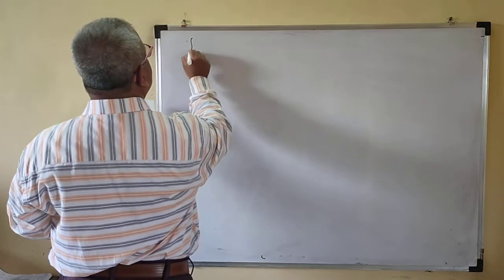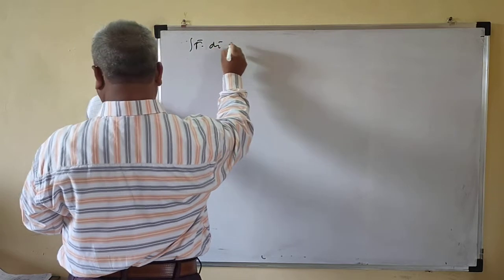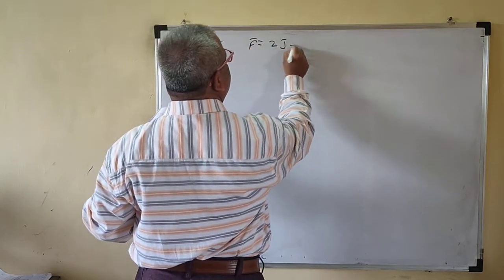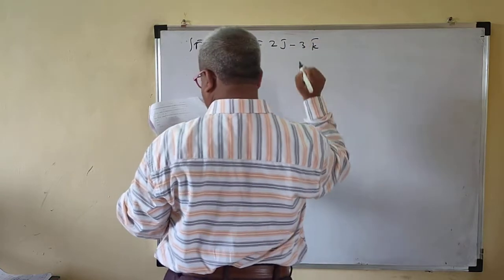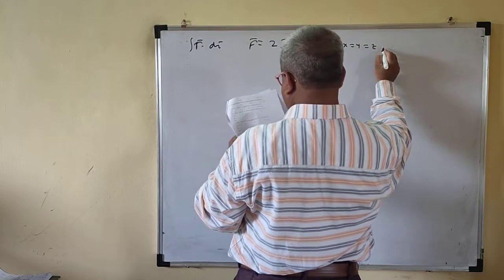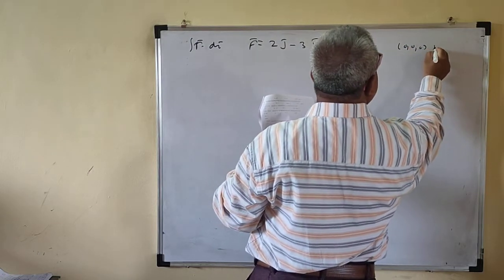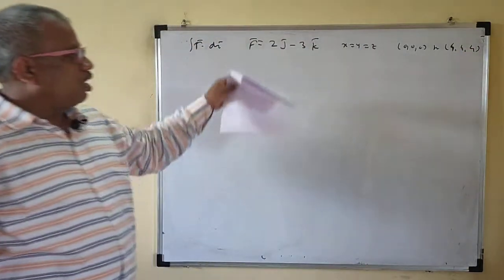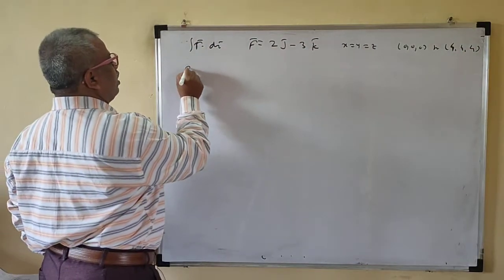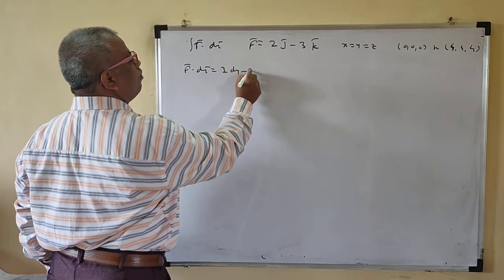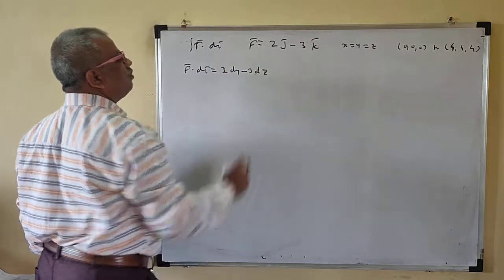Okay, so evaluate the integral of F bar dot dr bar, where F bar is some 2j bar minus 3k bar, along the curve x is equal to y is equal to z from (0,0,0) to (4,4,4). So what is F bar dot dr bar? F bar dot dr bar is equal to 2 dy minus 3 dz.